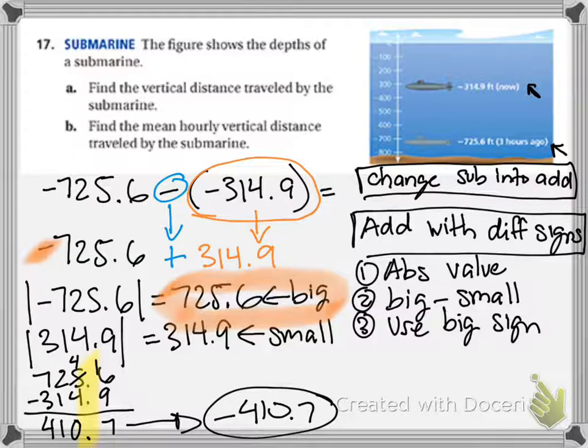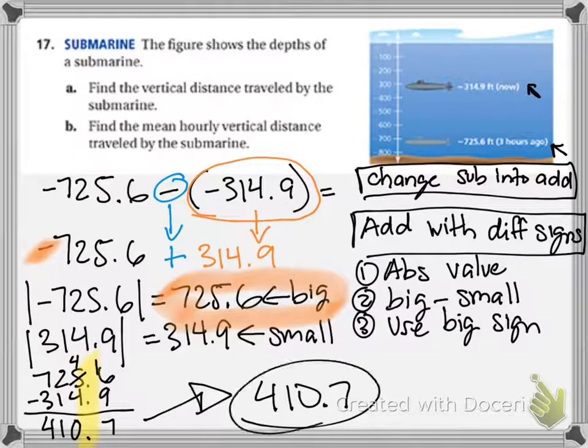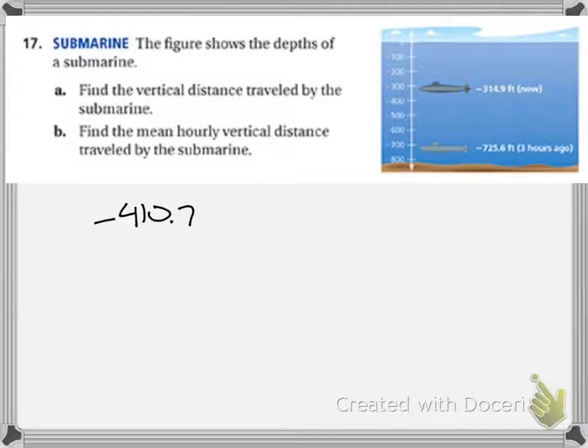So for this question, only this question, it's okay for us to have a positive answer because we can't have a negative distance. So for this one only, this is going to be a positive distance. Okay, which means for part B, this is also going to be positive 410.7.